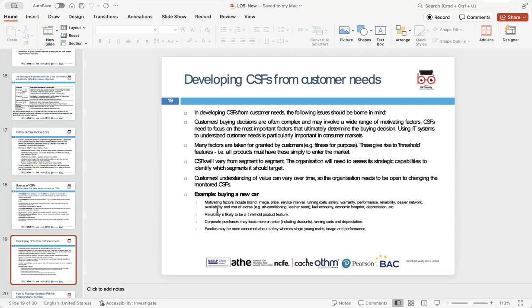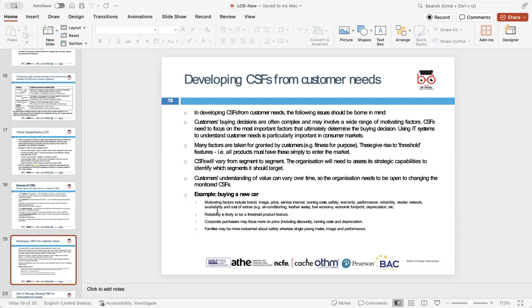It is also important to recognize that customers have certain basic expectations known as threshold features, which all products must meet to compete in the market. These may include reliability or fitness for purpose. CSF will vary depending on the market segment being targeted.